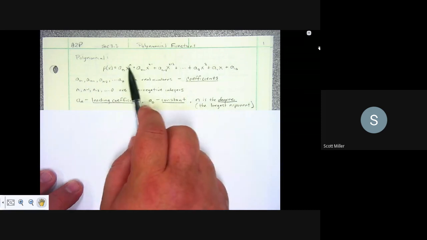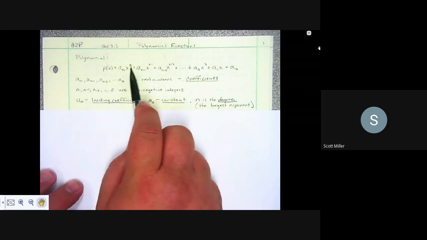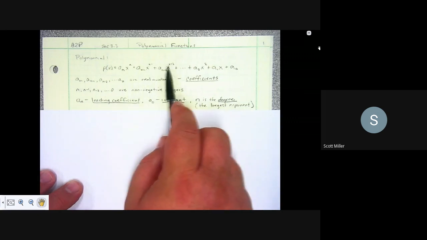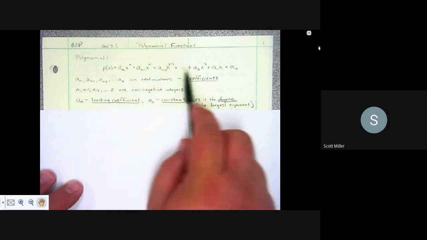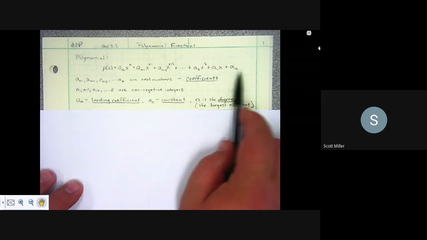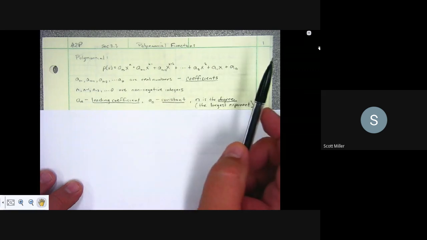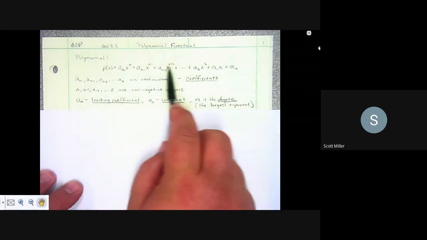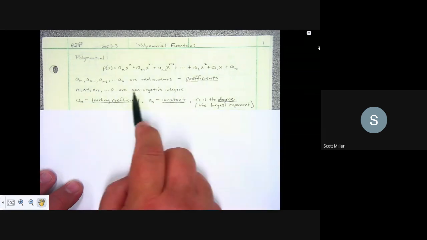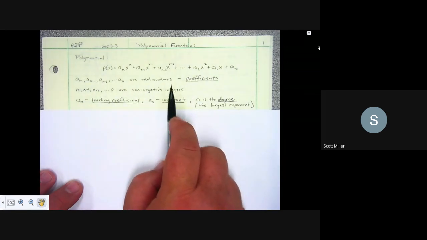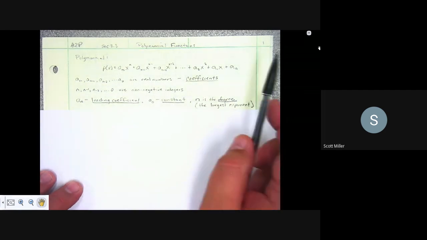So when you write it in standard form, a polynomial is the highest exponent, then the next highest, then the next highest, and all the way down to the term without an x variable. These exponents are non-negative integers. So none of them will be negative, and they'll only be integers.